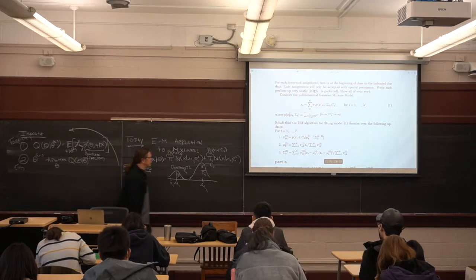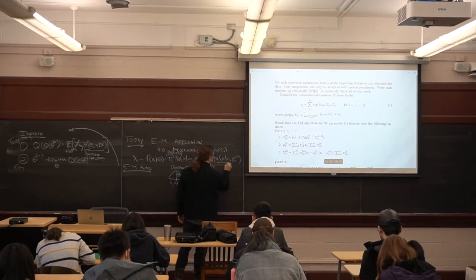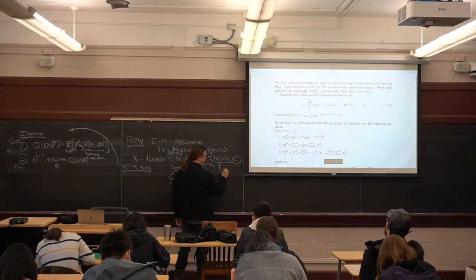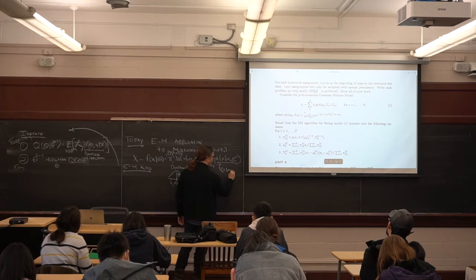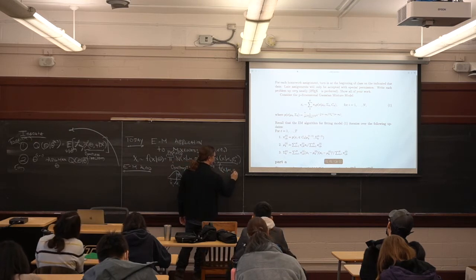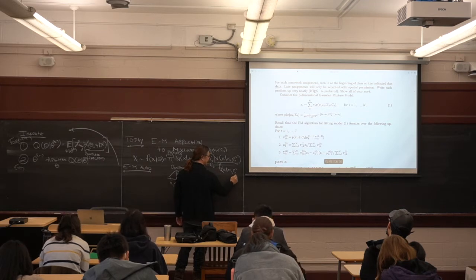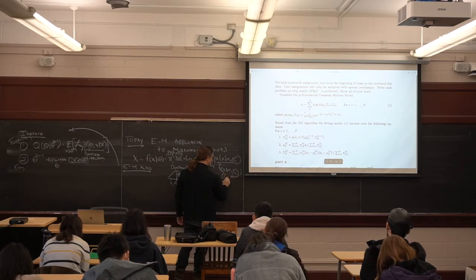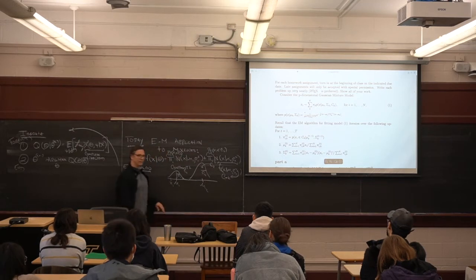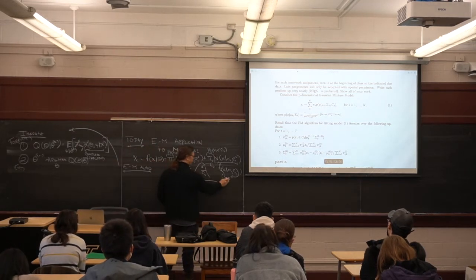I'll also just remind you, this thing right here is f of x given mu2, sigma2. I can square it if you'd like. And it's going to be conditional on C being equal to k, or 2.